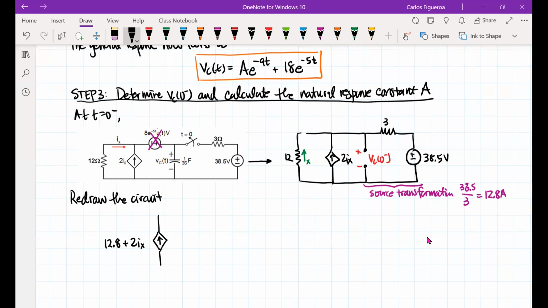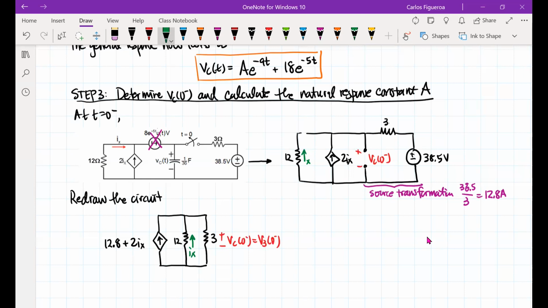Now, the thing you want to pay attention to is this resistor, the 12 ohm resistor, and then the 3 ohm resistor, and then I have my open. But note that the open is in parallel to the 3 ohm as well as the 12 ohm. So this turns out to be VC of 0 minus, which is the same as V3 of 0 minus. So now I have IX flowing up like this.